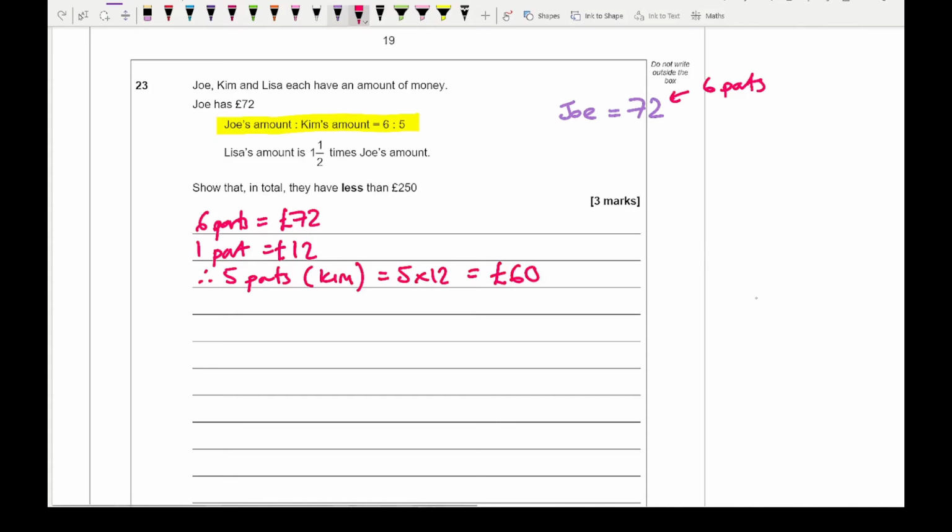So therefore Kim has £60. Then what I need to do is work out what Lisa's amount is, and it says that Lisa has 1.5 times Joe's amount. So for Lisa, it's going to be 1.5 multiplied by Joe's amount, which is 72, and 1.5 times 72 is £108.